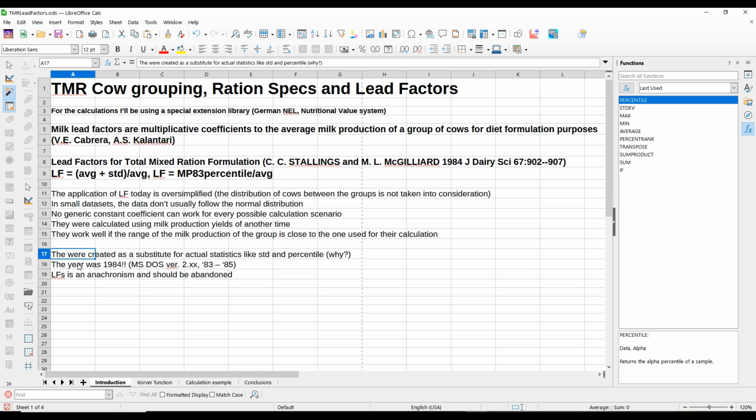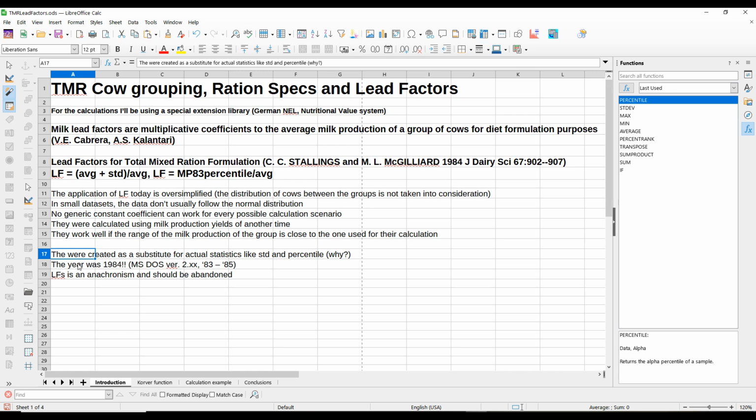How on earth would they do that if they had to concern themselves with complicated statistics like standard deviations and percentiles? The computers back then were not as widespread or as powerful or as cheap as they are today. The DOS version, for example, at that time, I'm talking about 83, between 83 and 85, the MS-DOS version was version 2.